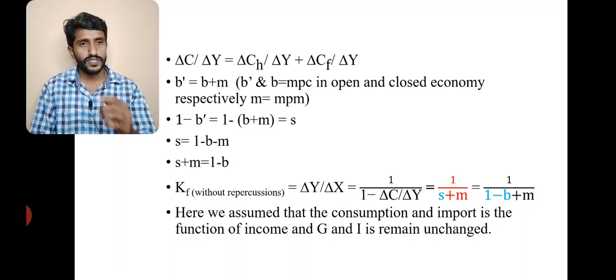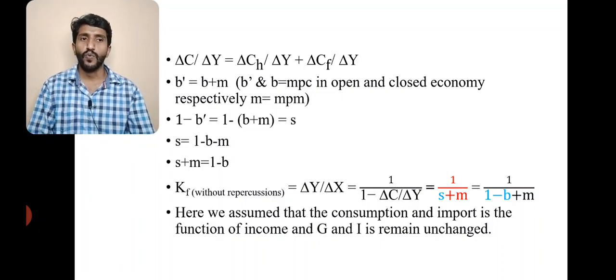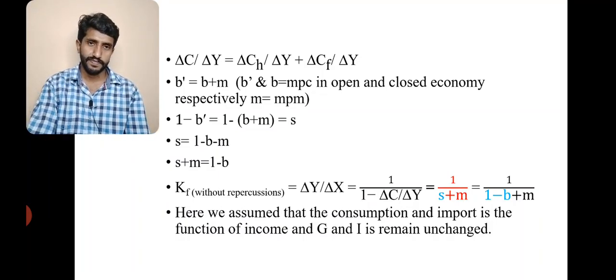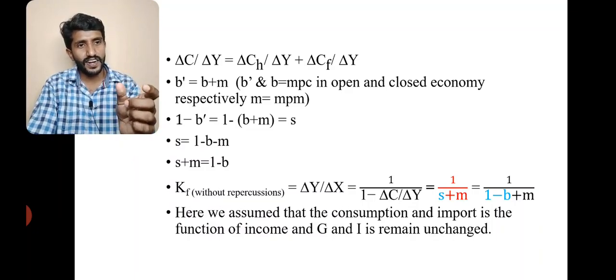We will deal with the foreign trade multiplier with repercussions later. Then it is equal to change in y divided by change in x, which is equal to 1 divided by 1 minus change in c divided by change in y, which is nothing but 1 divided by S plus m, or MPS plus MPM. In a closed economy, we can write it like 1 minus b.